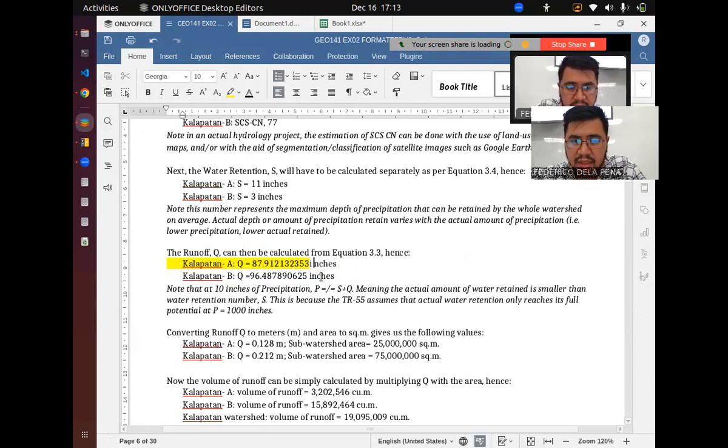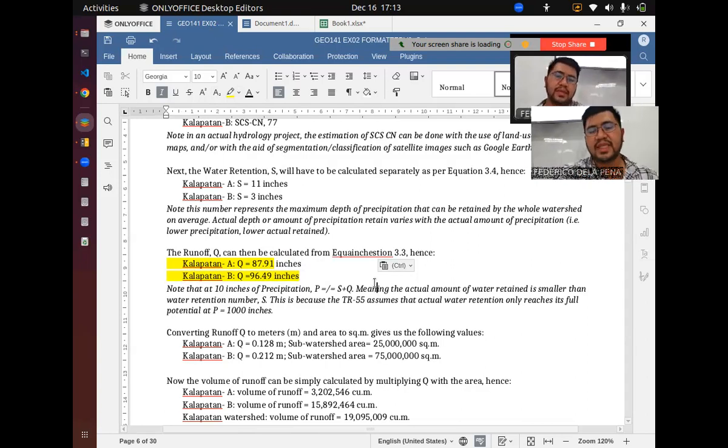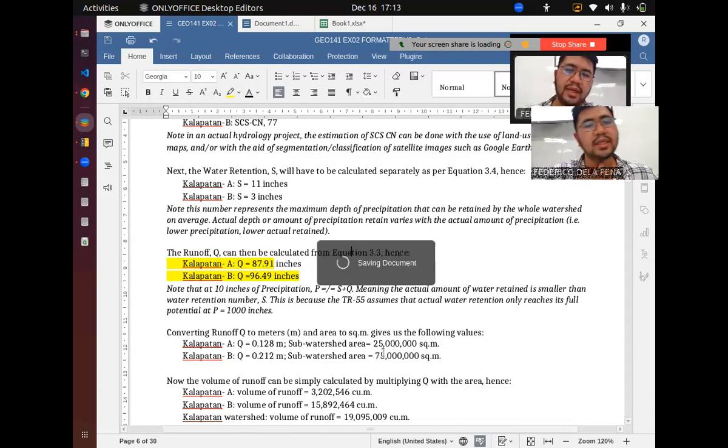You can simplify this to two decimal places. So basically, you're just getting more water from your wooded area, woods with a clay soil cover.